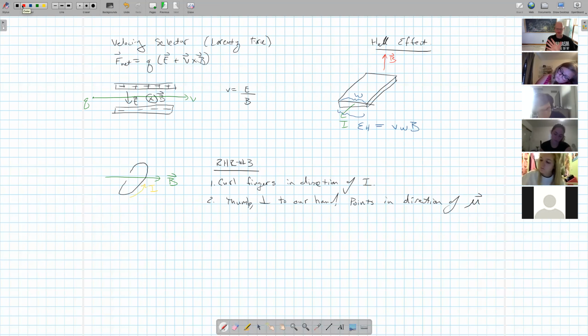So in this case, as my current is going in this direction, my thumb is going to point that way. So mu points off in this direction. So this is mu, okay?